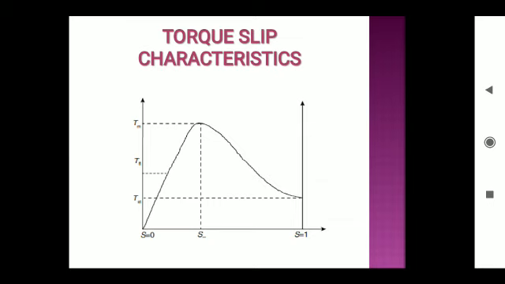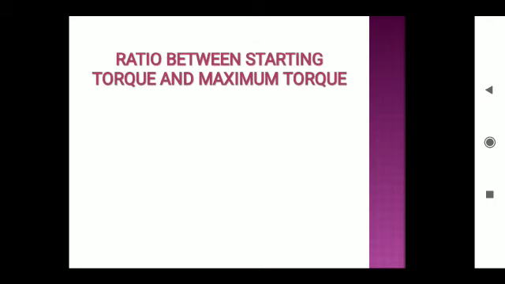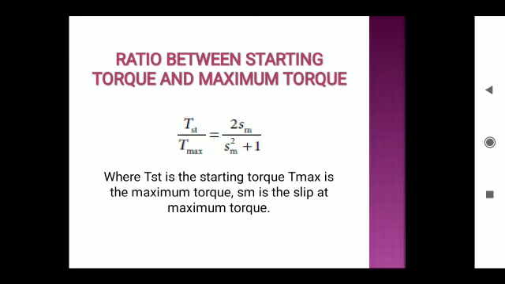So this characteristic is like a hyperbola. Now the ratio between starting torque and maximum torque, that is Tst by Tmax, equals 2 Sm by (Sm square plus 1), where Tst is the starting torque and Tmax is the maximum torque. Sm is the slip at maximum torque.